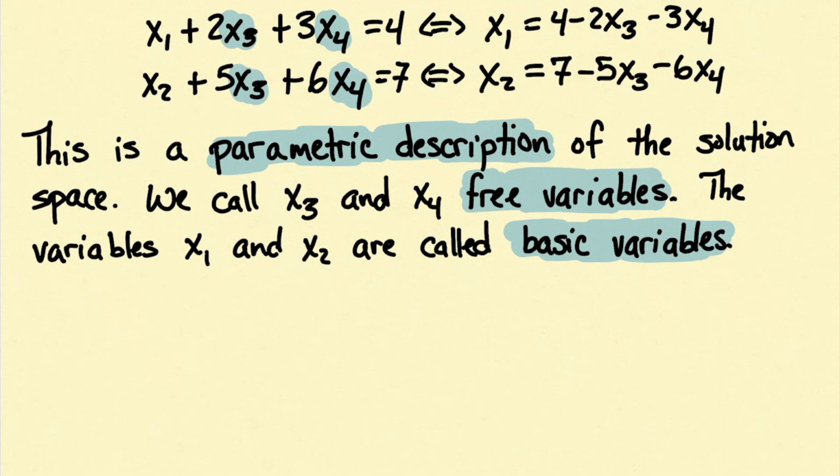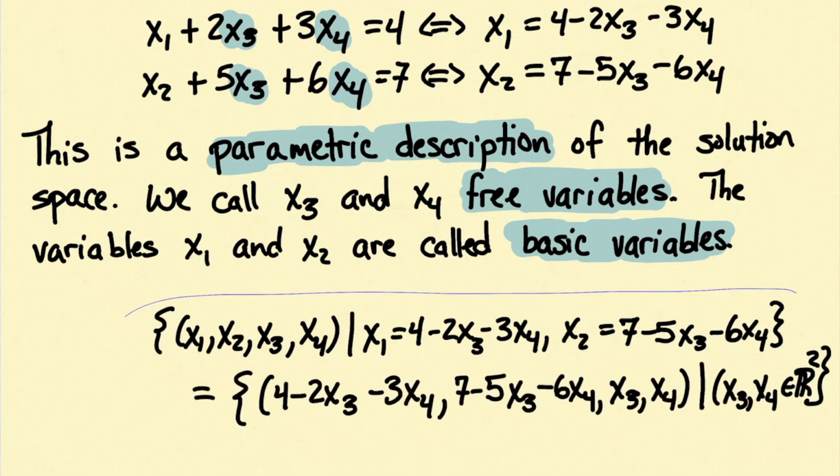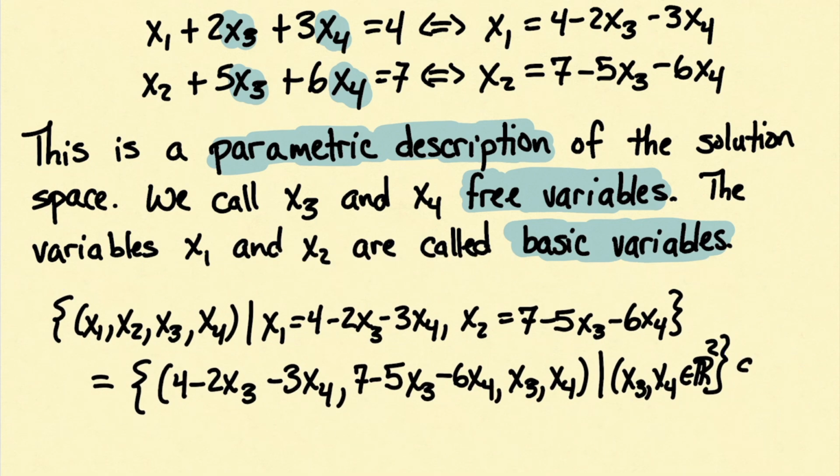We can express this as a set of real numbers x1, x2, x3, x4, such that x1 is equal to 4 minus 2x3 minus 3x4, and x2 is equal to 7 minus 5x3 minus 6x4, or we can condense this even further, and we can see that our solution set naturally lies in R4, that is, four-dimensional real space.